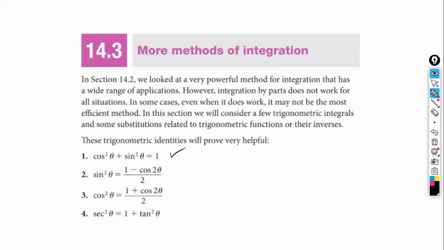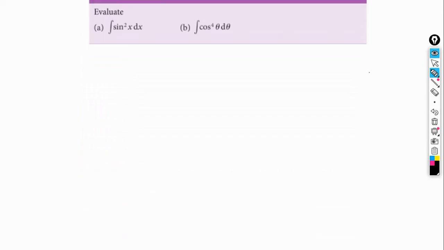Then 2 and 3 are interesting because some of you might not have seen them before, but these are just derived from the double angle identity for cosine. In the end we get an identity for sine squared, another one for cosine squared. And then finally we have this other one, in terms of secant squared and tangent squared, which is obviously derived from the Pythagorean identity.